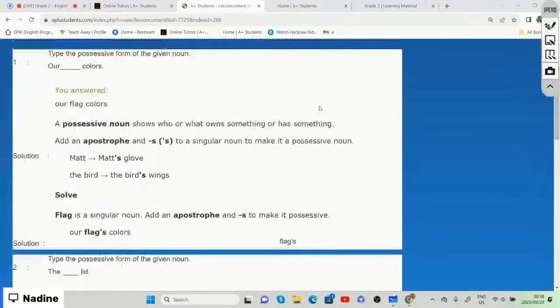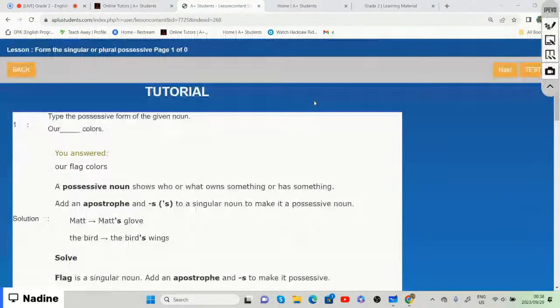But as soon as there's an apostrophe, then it means that is showing possession. It is showing that you own something, or that someone has something, right?